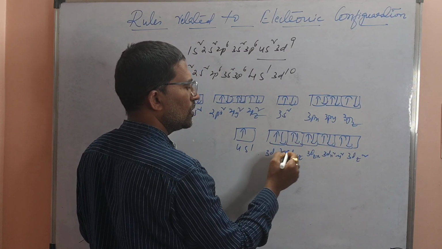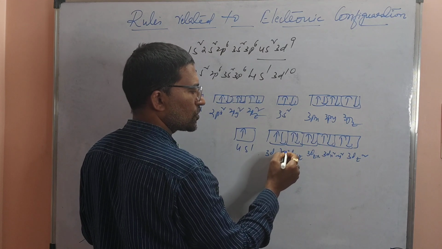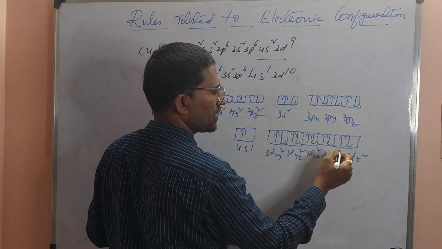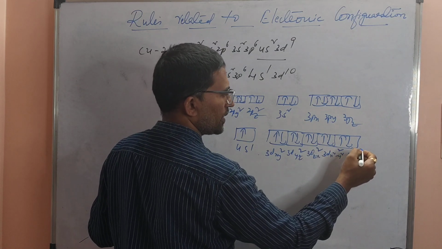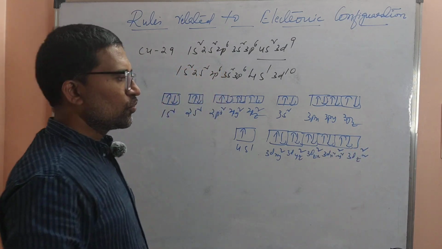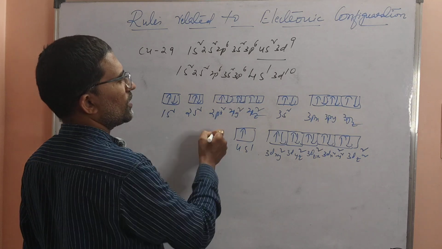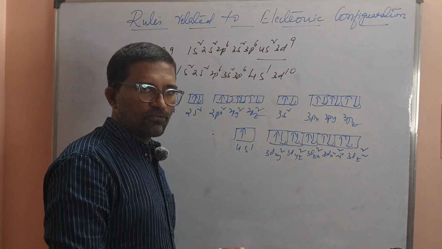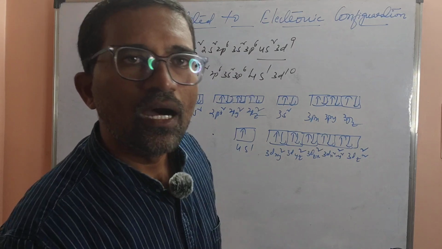Here it is 3dxy2, 3dyz2, 3dzx2, 3dx square minus y square 2, 3dz square 2. I hope you understood this. This is the way we have to fill the electrons according to Hund's rule. This is the end of the explanation related to Hund's rule.